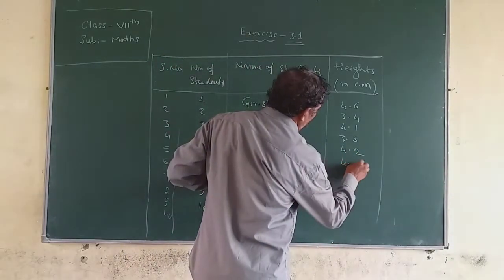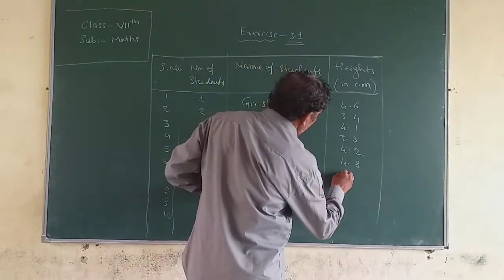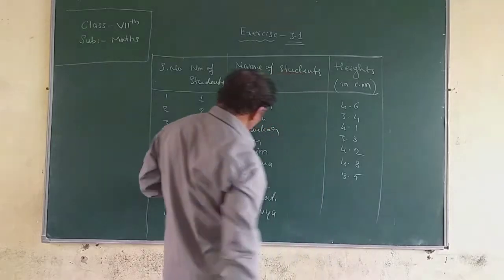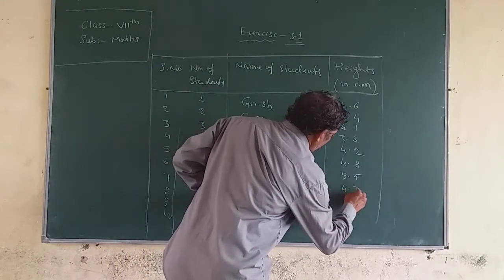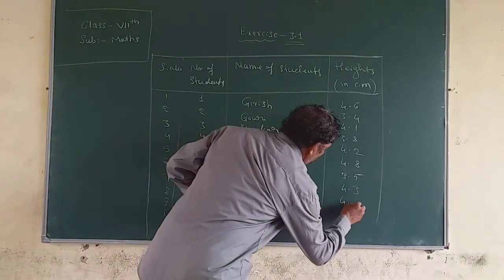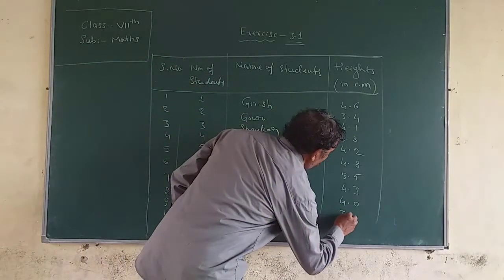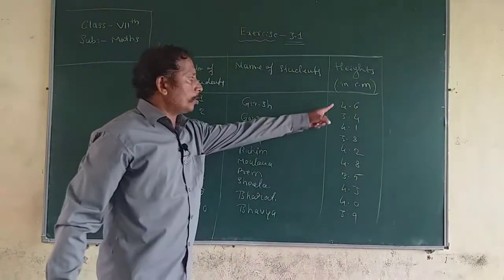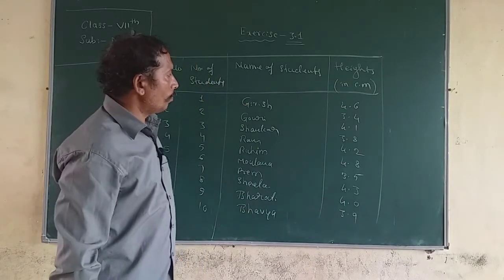Maulana 4.8 centimeter. Prem 3.5 centimeter. Sheila 4.3 centimeter. Bharati 4.0 centimeter. And Bhavya 3.9 centimeter. These are the heights of these 10 students of your class.